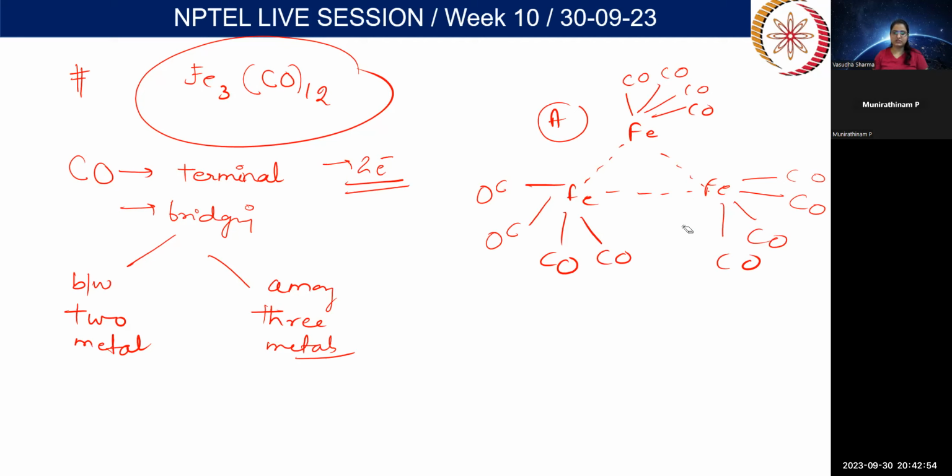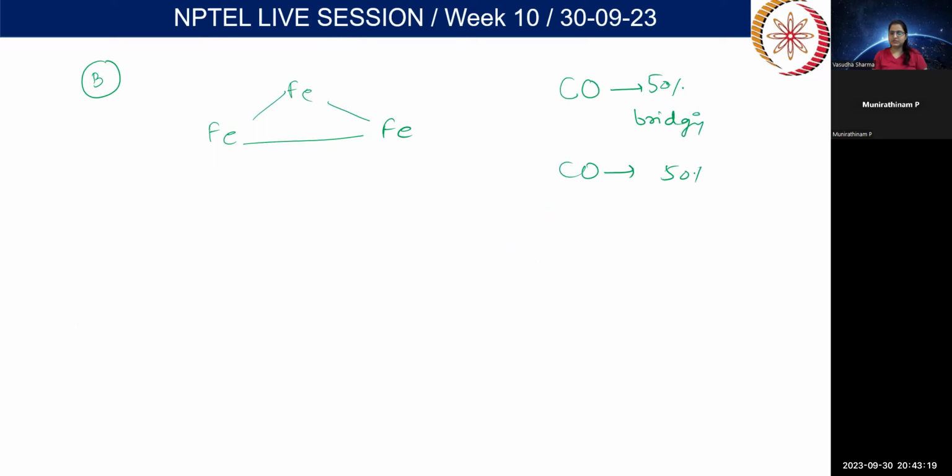That's our first case, right? The second case that we could have is iron, where there is a possibility that we can have carbonyl as 50% bridging and the other carbonyl as 50% terminal.